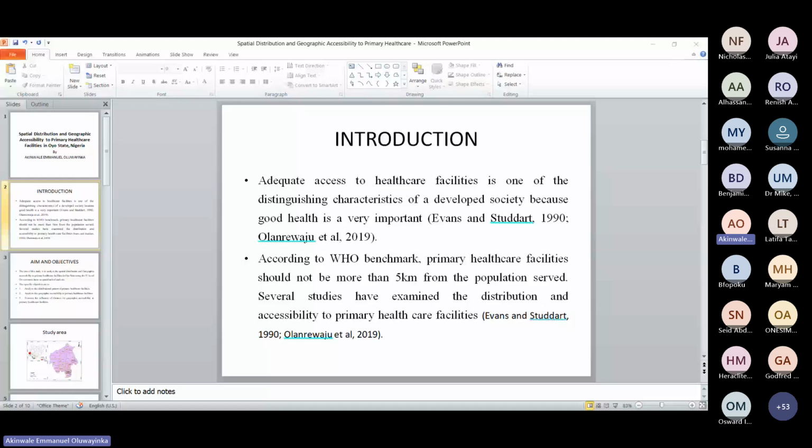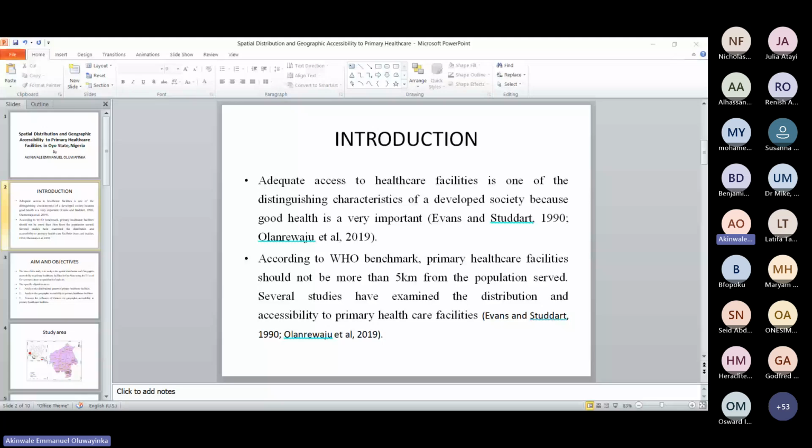And according to the WHO standard, primary healthcare should not be more than 5 kilometers from the population, and each ward should have at least a primary healthcare facility. The essence of having a healthcare facility is to be able to take care of people whenever anybody falls ill.